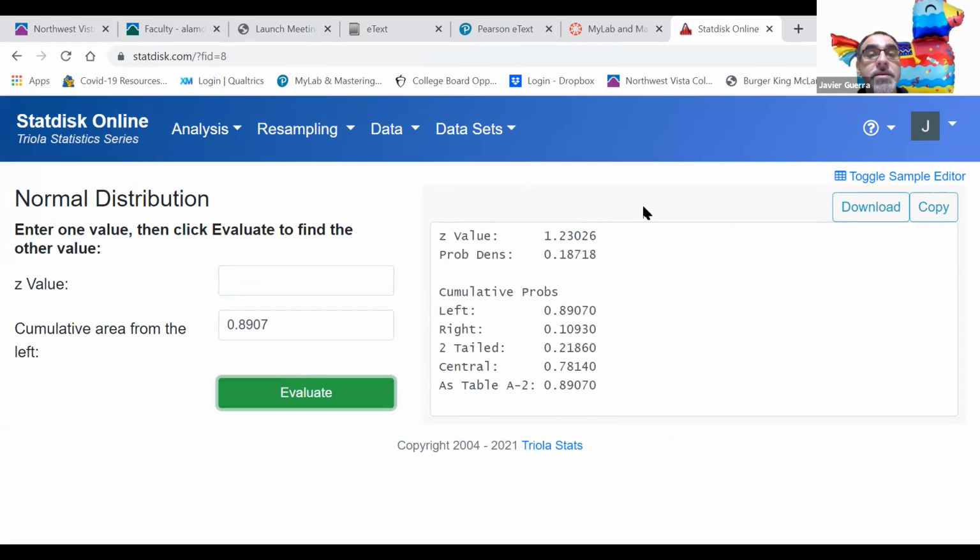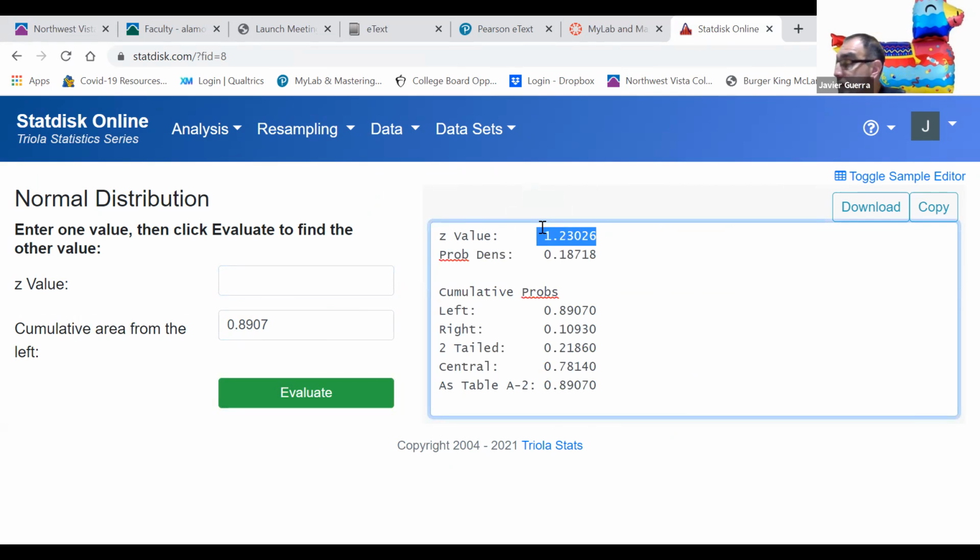Hit evaluate. Presto. There's my answer. My Z number is 1.23026, and you leave it like that. Don't round it. And you're done. The end.